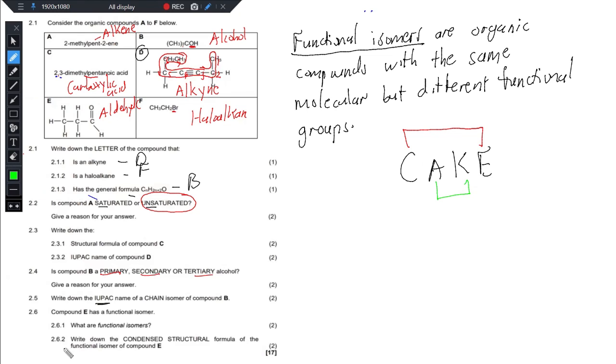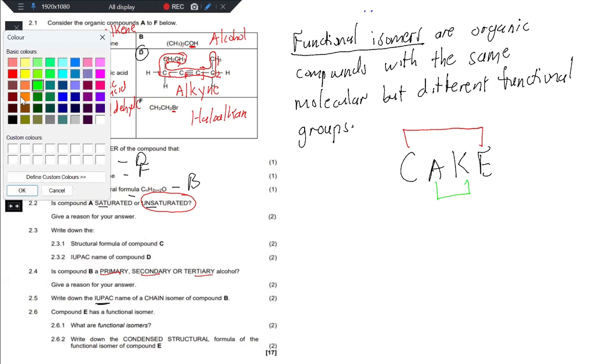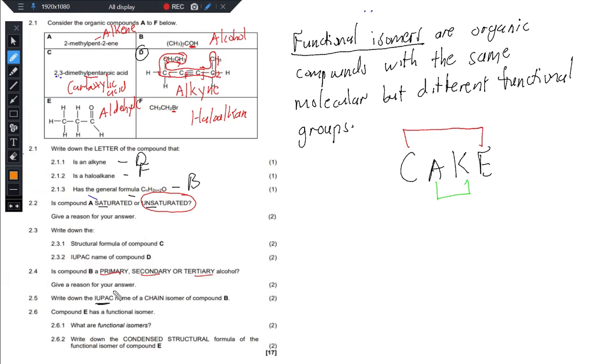Now, 2.6.2 says write down the condensed structural formula of the functional isomer of compound E. Note that they don't want you to write the condensed structural formula for compound E. They want you to write a condensed structural formula for the functional isomer. So what is the functional isomer of an aldehyde? E is an aldehyde. We know the functional isomer of an aldehyde is a ketone.